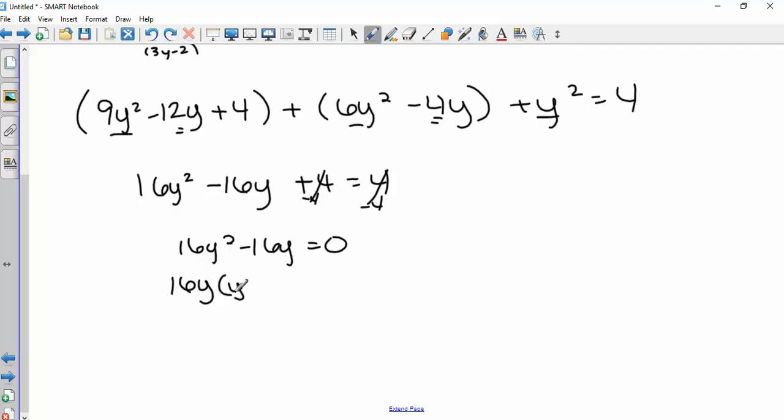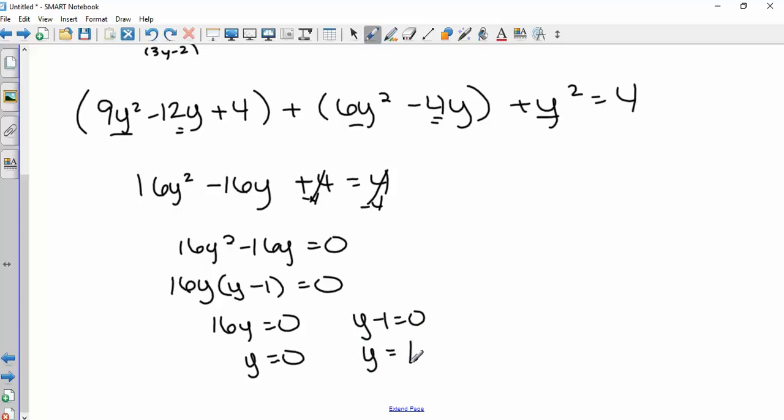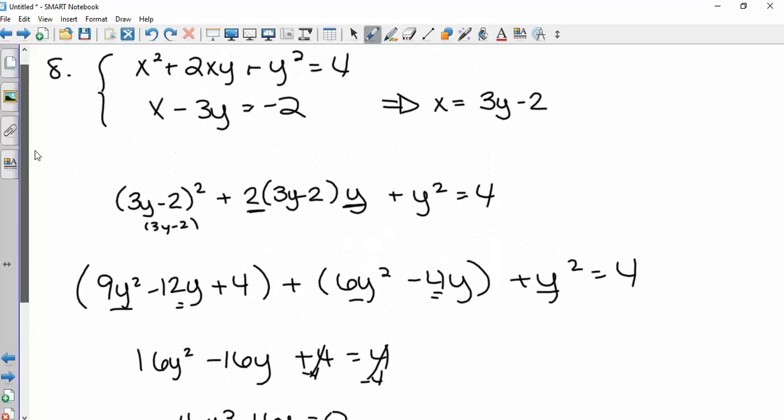So greatest common factor, we can take out a 16y. Leaves us with y minus 1. And so we get 0 and 1 for our solutions. We need x.